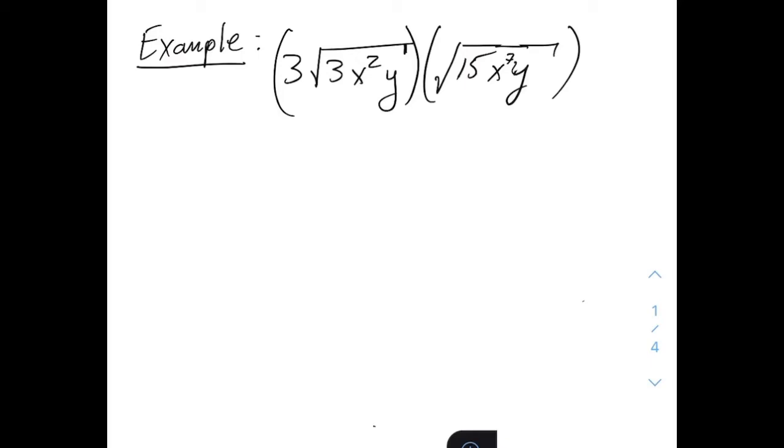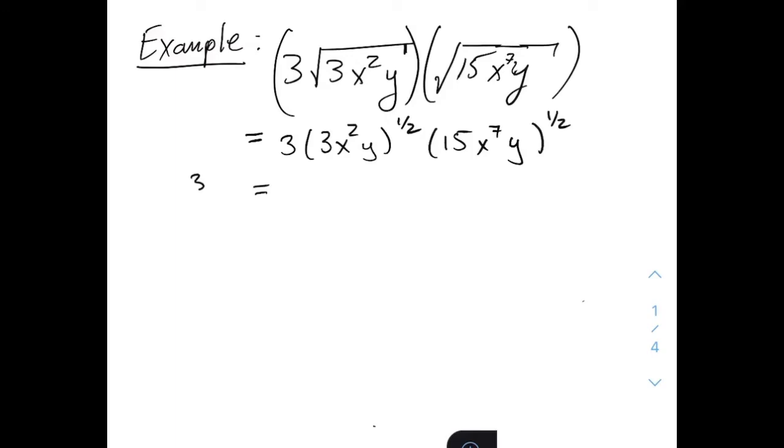This is equal to 3x squared y to the 1/2, 15x to the 7th y to the 1/2, which is equal to, let's use 3a, put these all under one exponent.